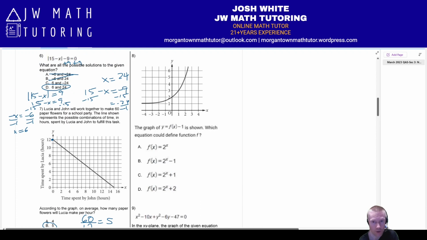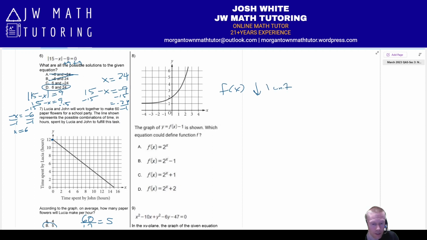Question number 8, here we have a graph of an exponential function, and they tell us that this graph here is actually the graph of f of x minus 1. So what that means is this is the graph of f of x, but it's shifted down 1 unit.